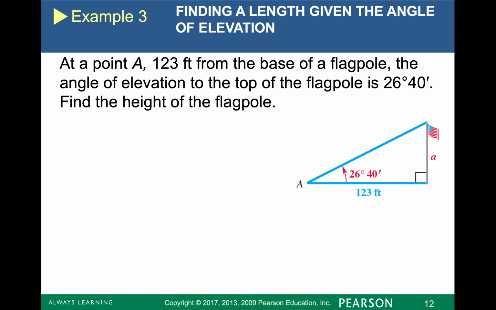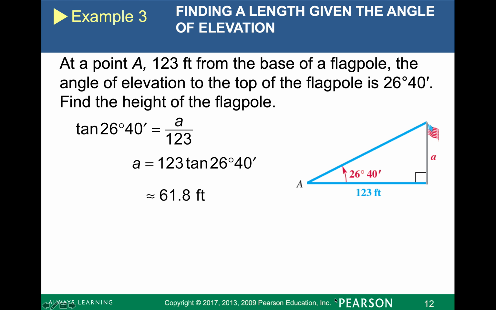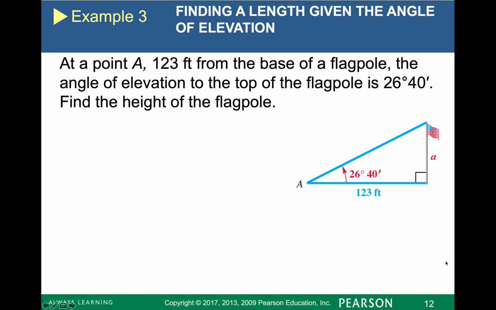So in this question, I have a point A, 123 feet from the base of the flagpole. The angle of elevation is looking up. So see how this is looking up? If I was standing here at A, my chin would be up. And my angle of elevation is 26 and 40 degrees. Find the height. So I'm located at A. This is my opposite I'm going to find.